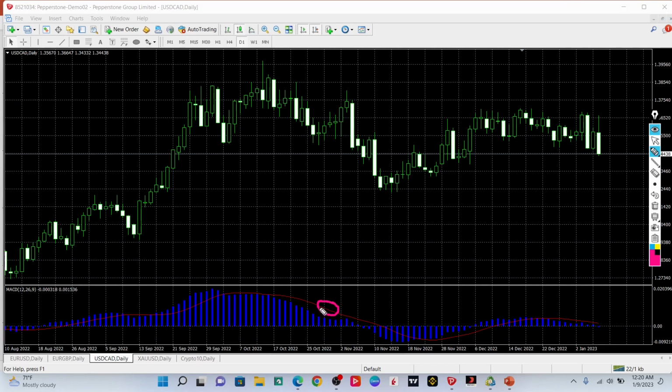And we are saying that every time this red line crosses below the zero line, okay. So on the MACD, we have a zero line right here.